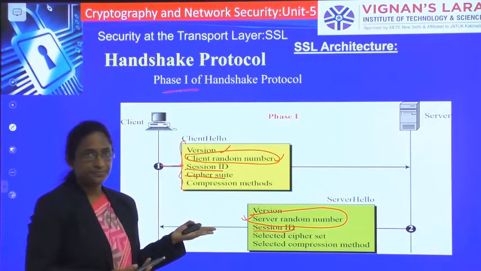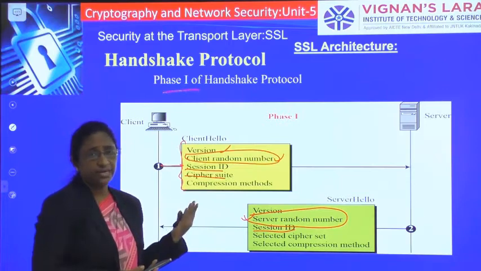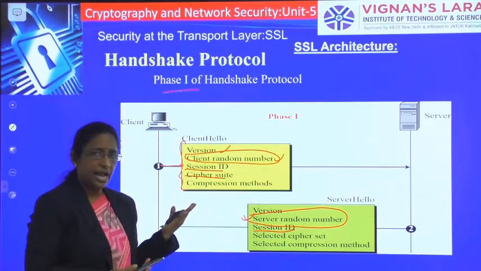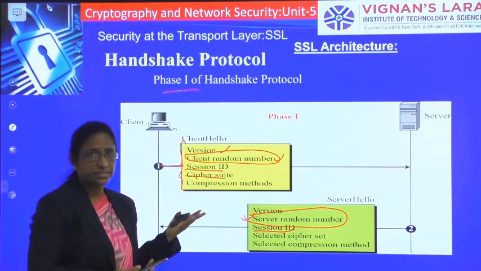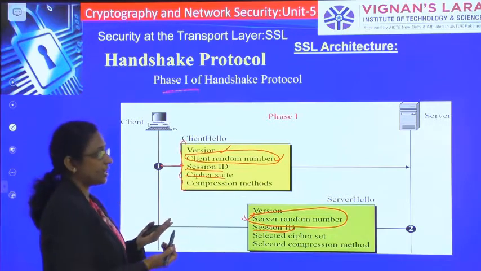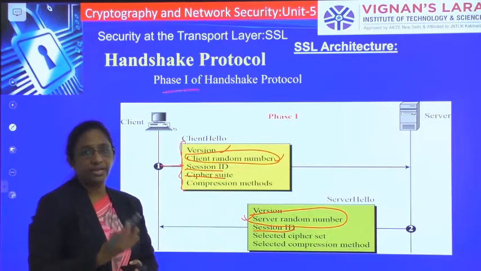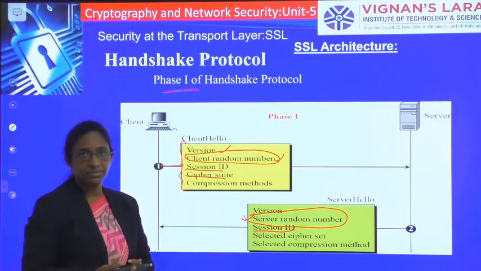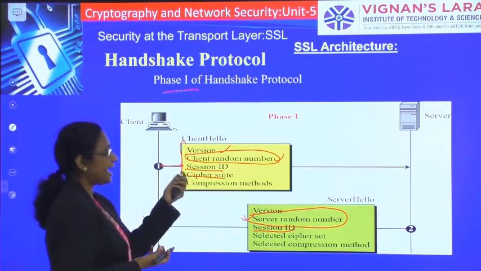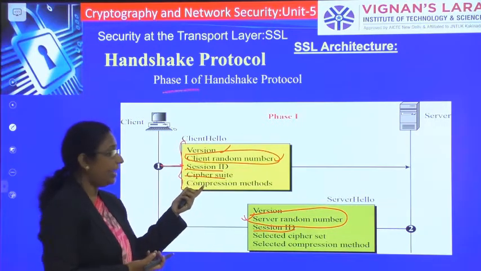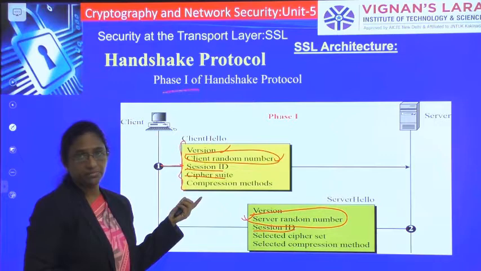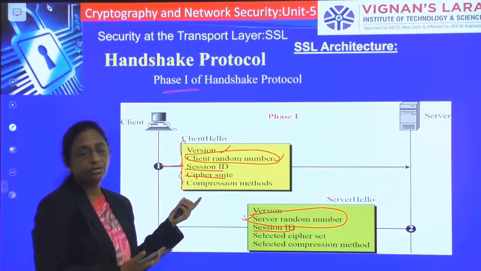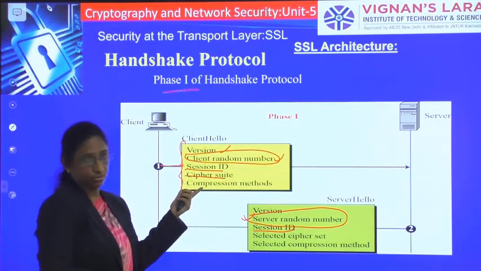Already we have studied the different hash algorithms that SSL supports, like null, MD5 and SHA. Among the three algorithms here, the client can choose one. Similarly the compression methods: what compression methods they want to use is also negotiated.